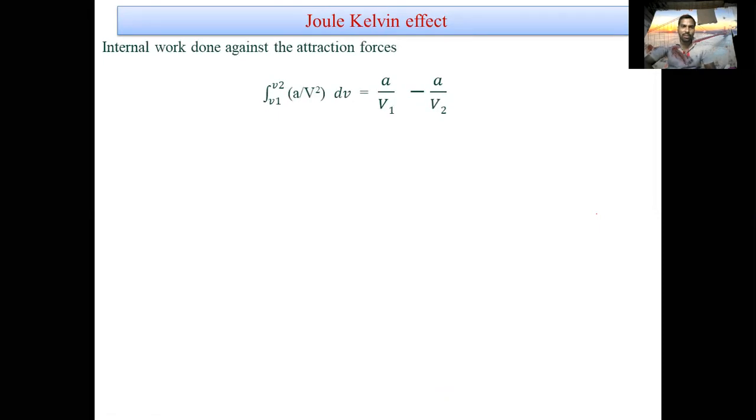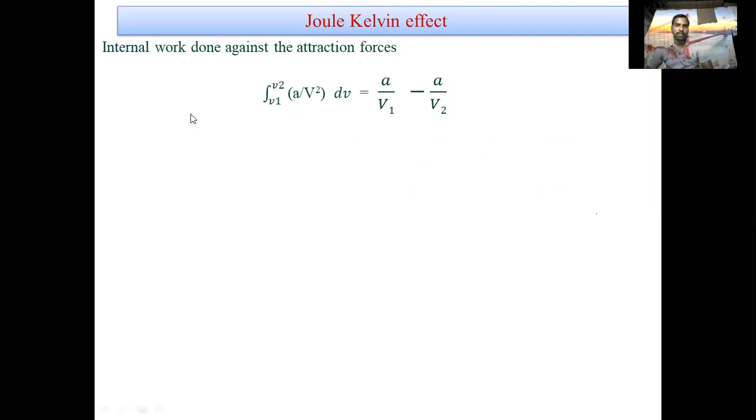The internal work done against the attraction force from volume V1 to V2, the expansion. We have to calculate the total work against the attraction force between two molecules. That's why the integral from V1 to V2 of P dV. Now P is nothing but A by V square, where A is a constant and V is the volume.